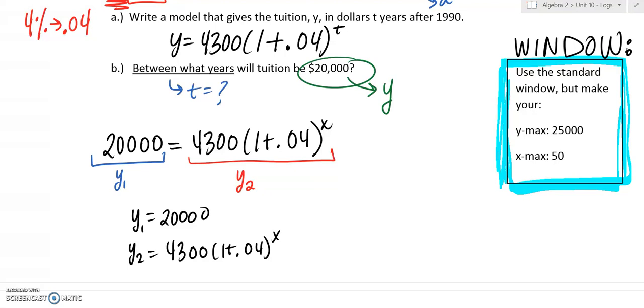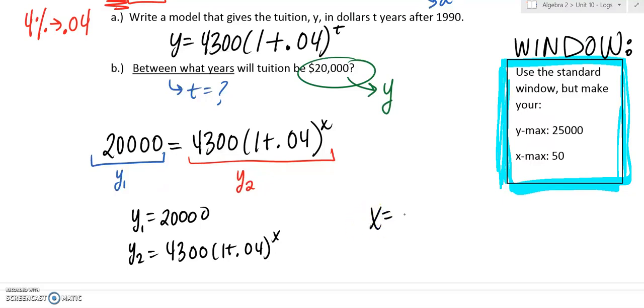When you've got it all adjusted, second trace, go down to intersect. The blinky guy, you want to move it over. Your calculator will give you the answer.